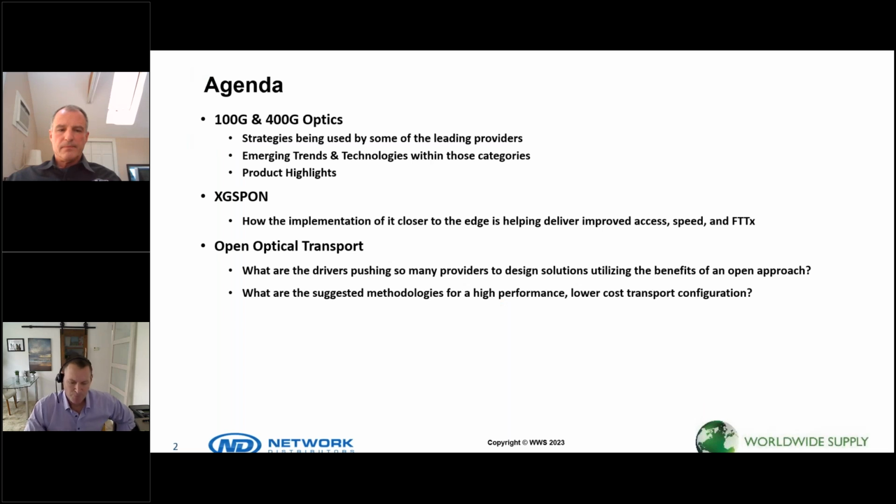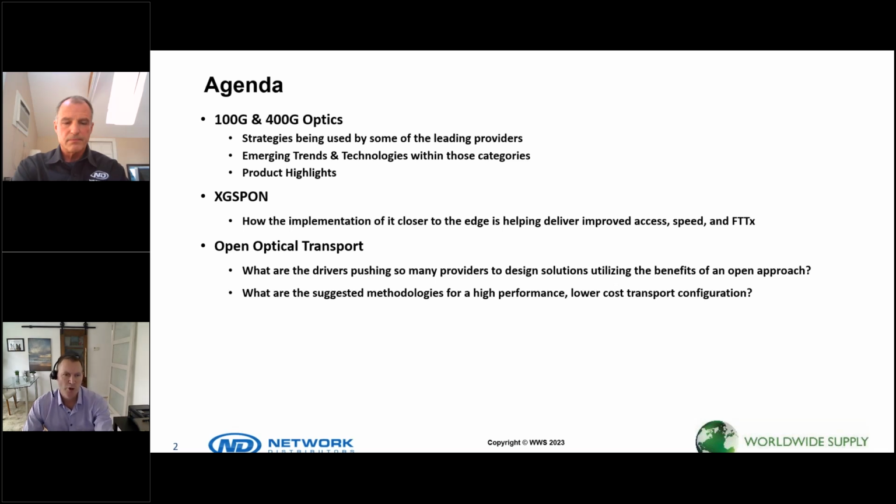Today's agenda: we will be discussing high performance application optics, some of the strategies that are being employed by the leading providers today, of course, some emerging trends and technologies, and we're going to highlight some products for you as well. We'll get into a little bit of XGS-PON and some of the applications that might suit your business and how to implement those strategies within your network configurations.